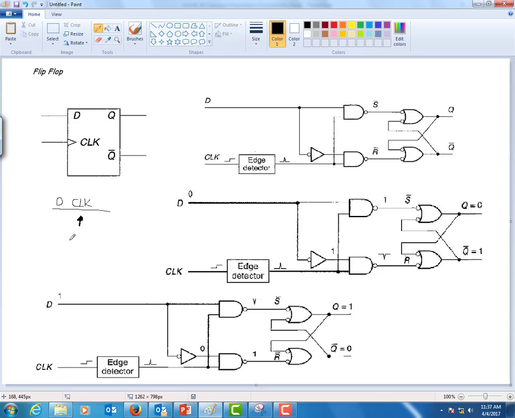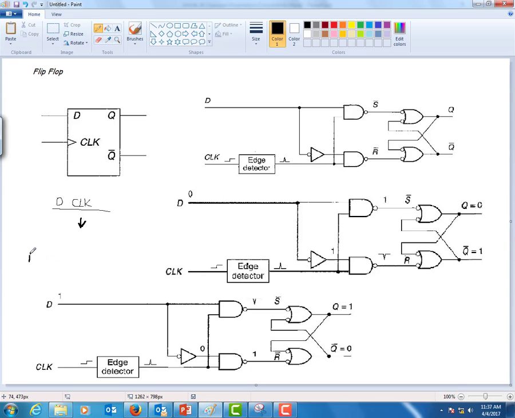Now, on another flip-flop, suppose you have this. It's going to be edge detected, but it's going to be on the falling edge. Now notice how they depict this. Do you see the rising edge?